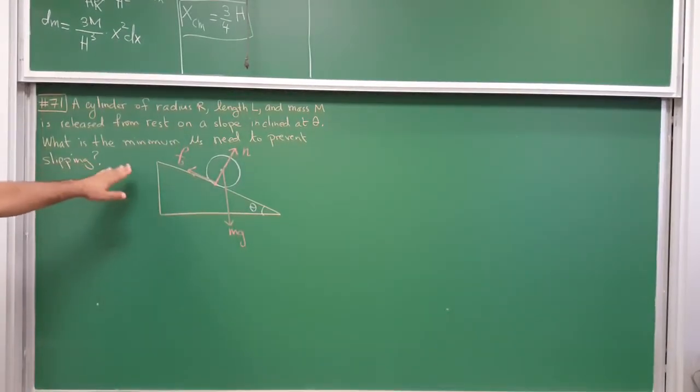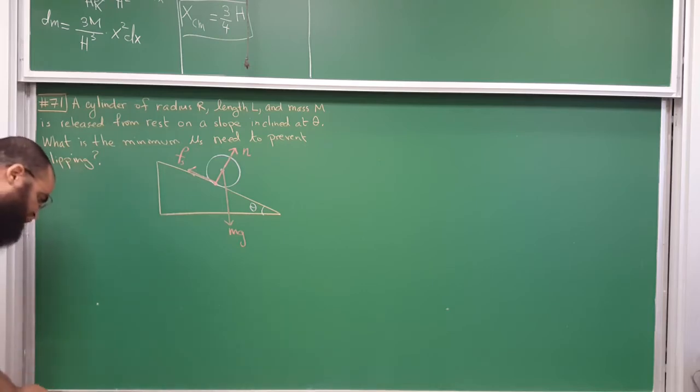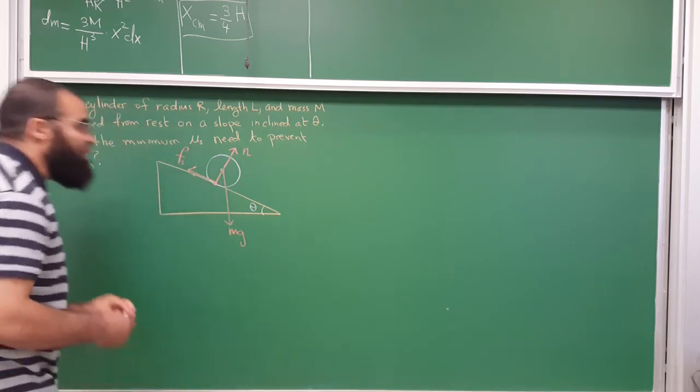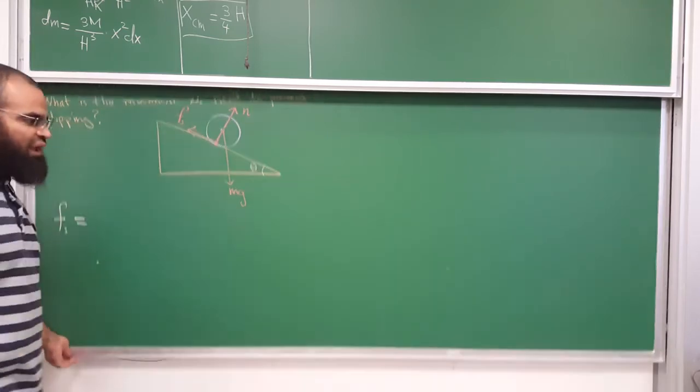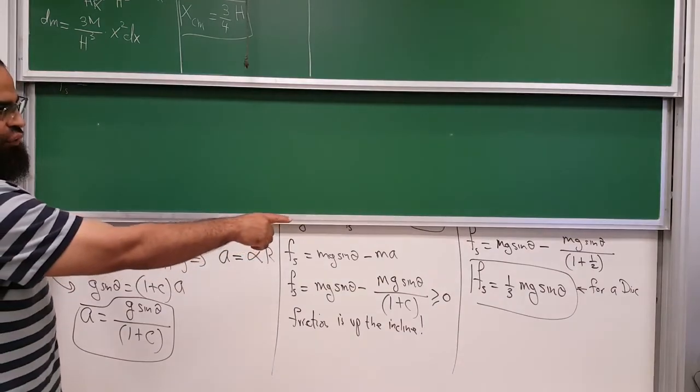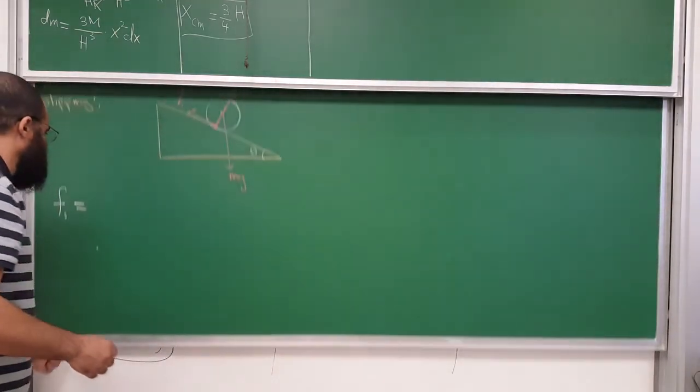They said, what is the force of static friction needed to prevent slipping? Well, let me write down the force of static friction. I figured that the magnitude of the force of static friction better be 1/3 of mg sine theta.